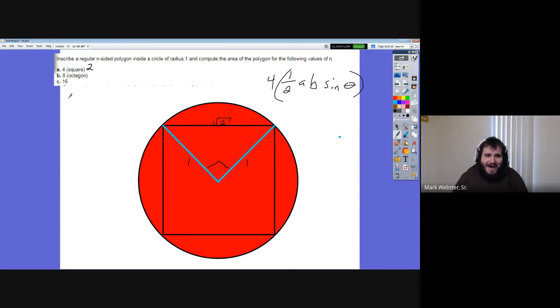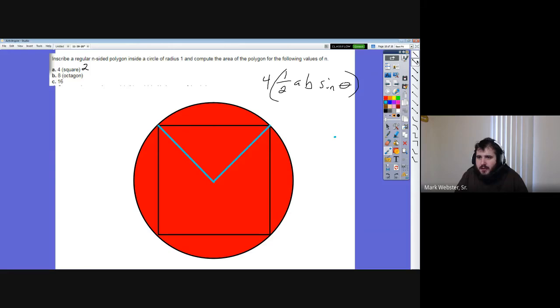So now they want an octagon. Well, hold on, that's 8 sides. Can I do this? Probably not. I'm going to leave the square here. Then I'm going to try and be sneaky and draw a line like this to make an octagon.